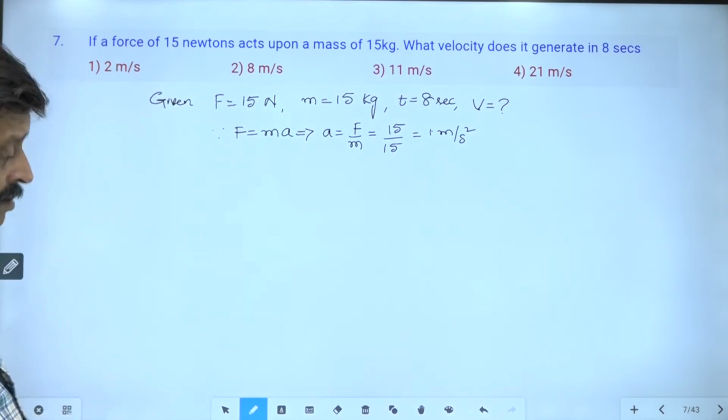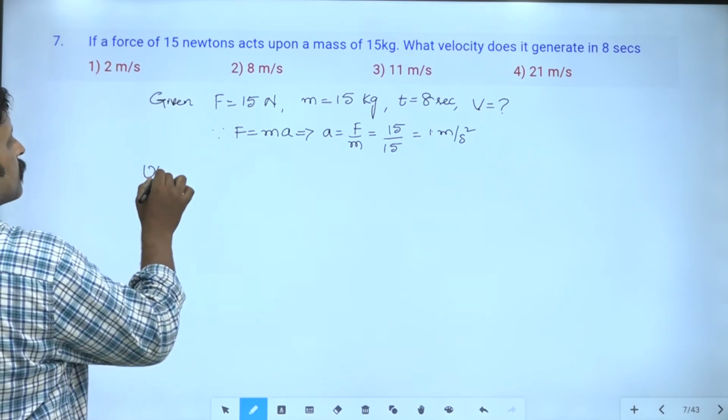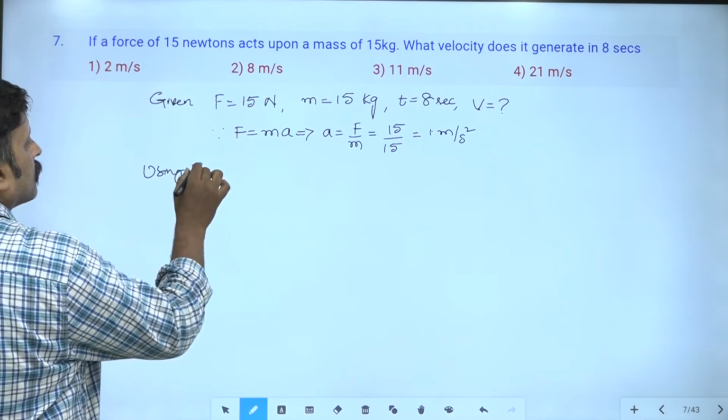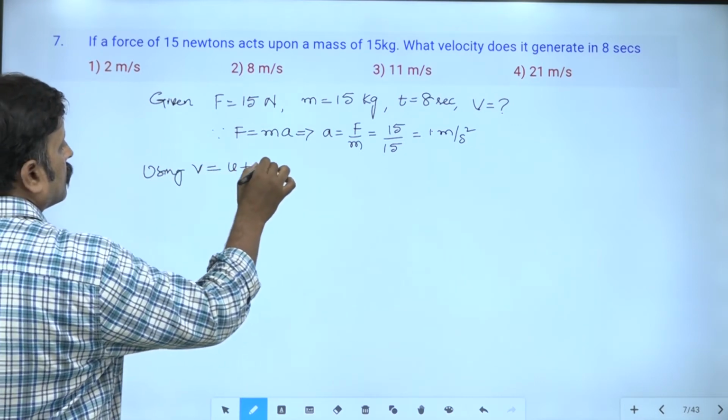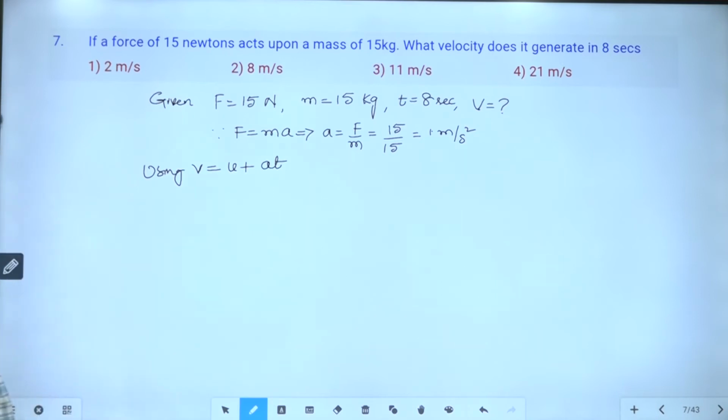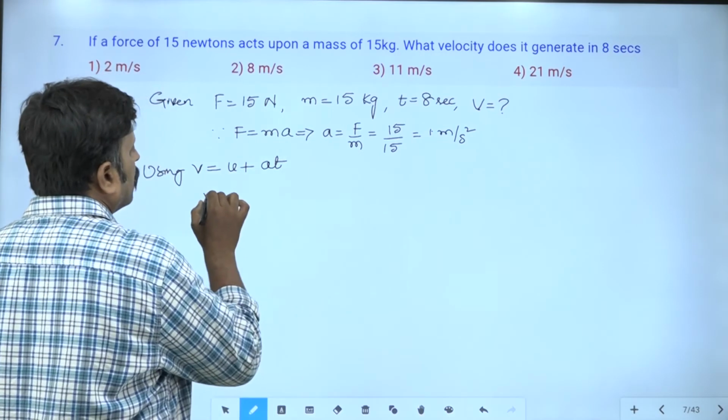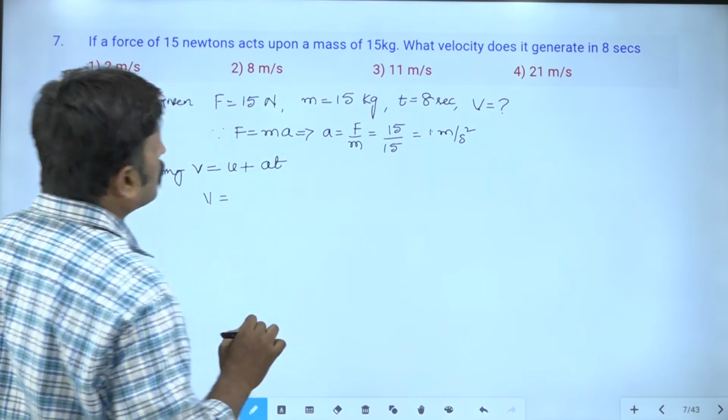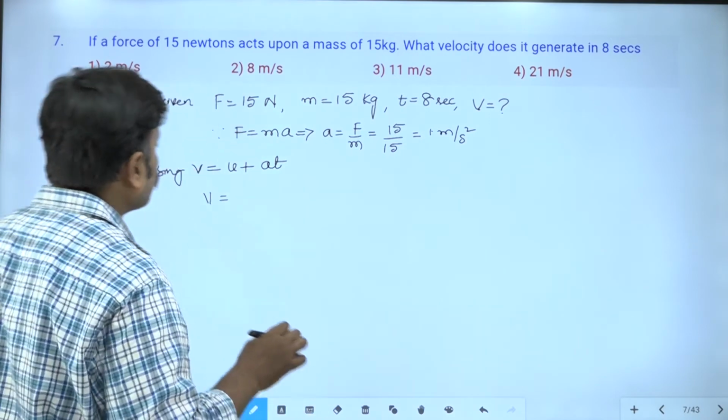Now, as we are asked to calculate the velocity, I am using v is equal to u plus at. Initially the velocity of the body is 0.